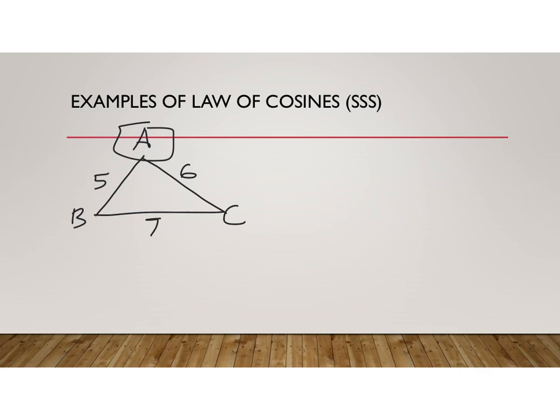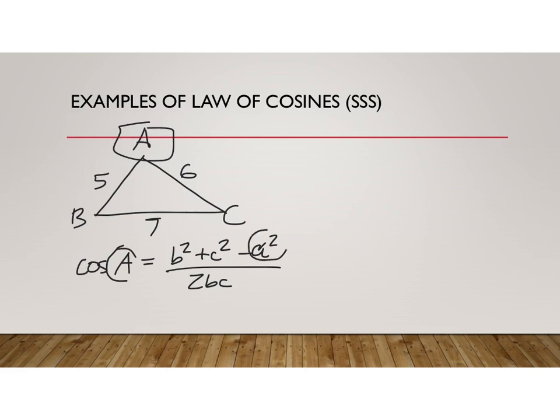Now, remember that the formula is the cosine of, if it's A, which is the angle I'm trying to find, then on the top I'm going to have B squared plus C squared minus A squared all over 2BC. So this variable and this one need to be the same, the one you're subtracting.